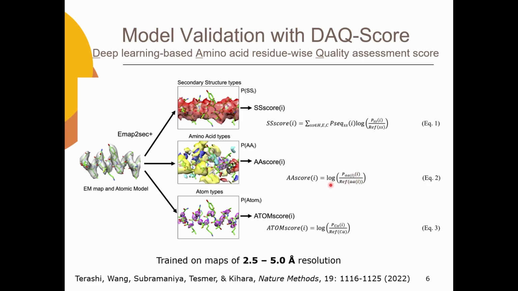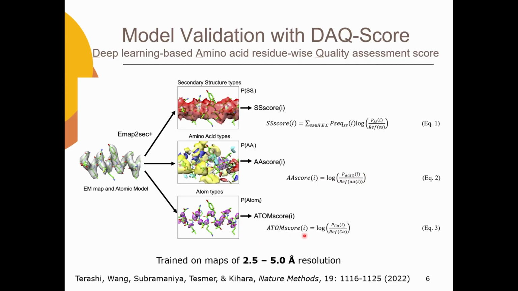Then take a log of it. So if tryptophan at that position has higher probability than tryptophan from everywhere, the background, then this fraction is larger than 1, and if you take a log of it, you have a positive score. So a positive DAQ amino acid score tells you that the amino acid at that position is at least better supported than the overall background of that amino acid type.